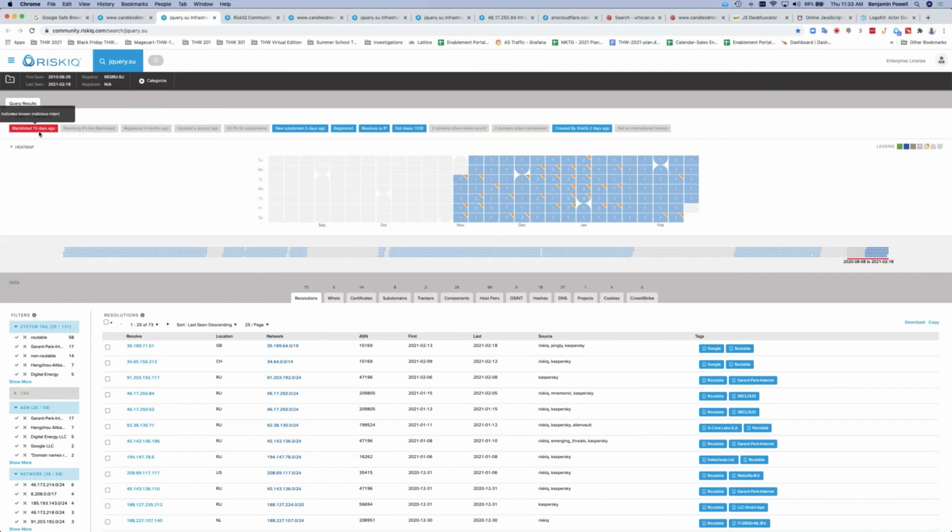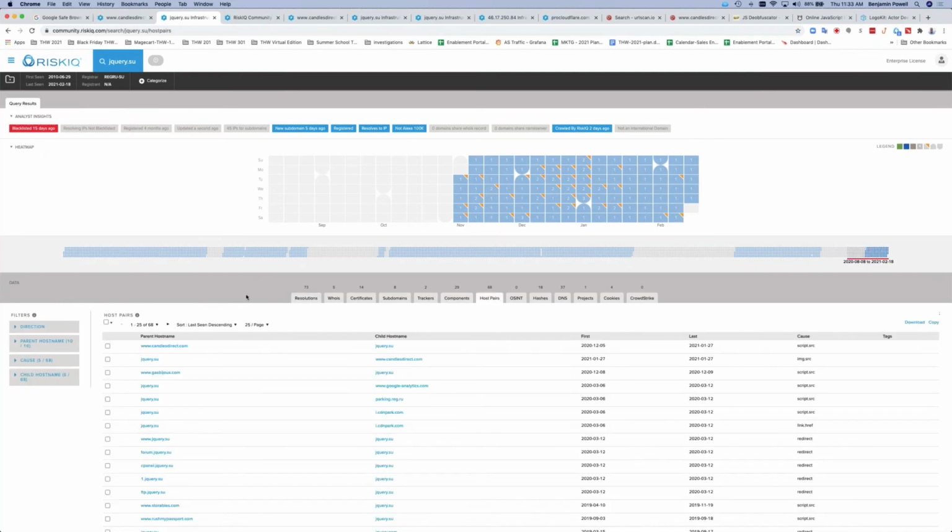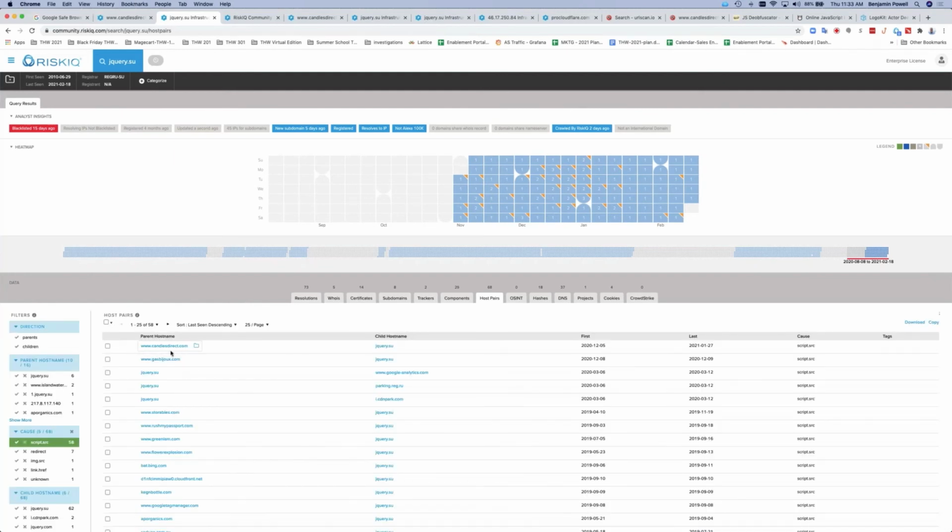So I go, okay, let me see the host pairs. By looking at the host pairs from this bad site, I can see other things that are connected to it. If we take a look at the causes from here, and I'm looking at scripts now, I can see that Candles Direct was reaching out, the parent was reaching out to the child at jQuery.su and pulling in that script. I can also see some other ones in here.